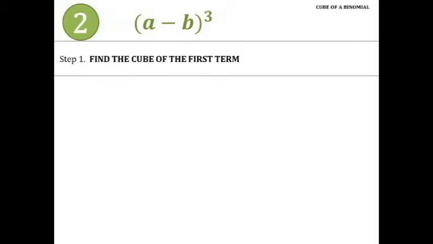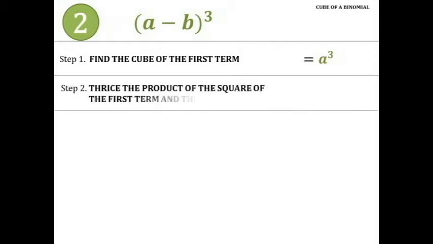For our second example, we have a minus b quantity cubed. The first step is to find the cube of the first term, which is a. So we have a cubed. Then, thrice the product of the square of the first term and the second term, which are a and negative b respectively. So we have negative 3a squared b.